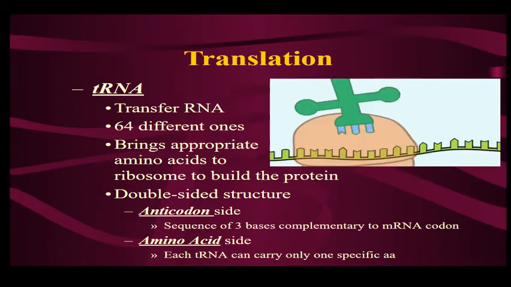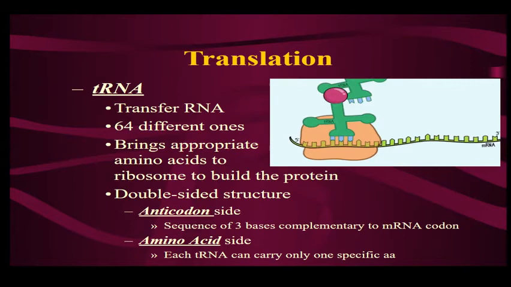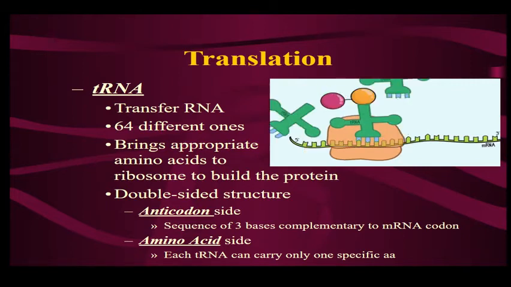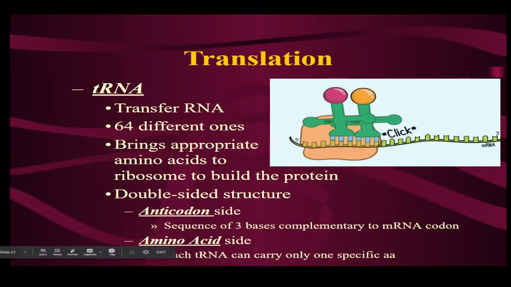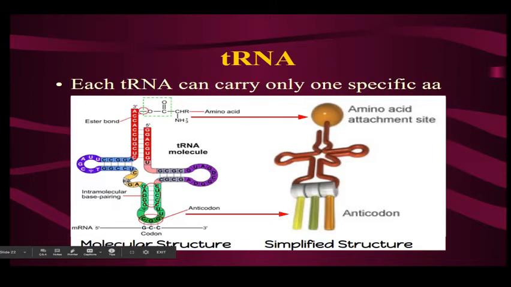And so this is the side that's carrying an amino acid, and each tRNA can only carry one specific amino acid. So here is an example of what tRNA's molecular structure actually looks like. And then we can just think of it more in this simplified structure.